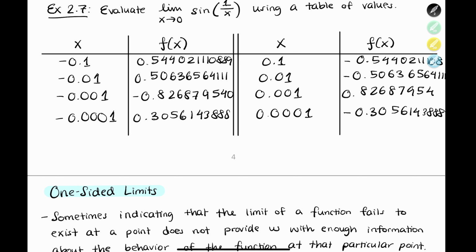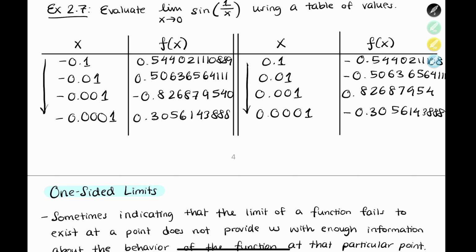Looking at our values, as we go down from the x values and approach 0 from both the left and the right hand side, we can see that we're not really approaching a single real number. From both sides we're approaching pretty different numbers.